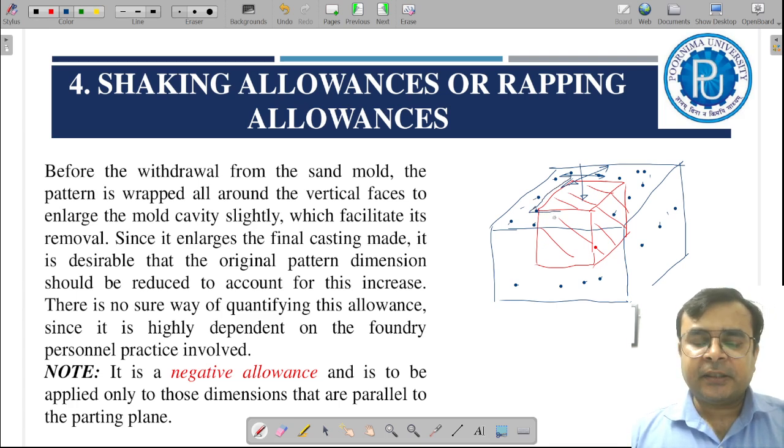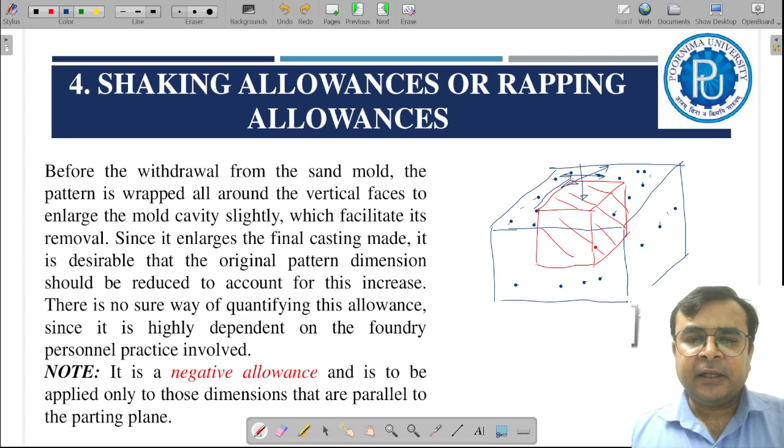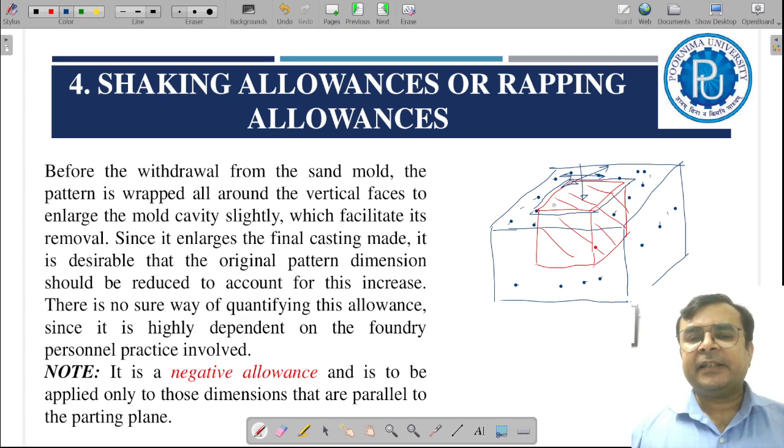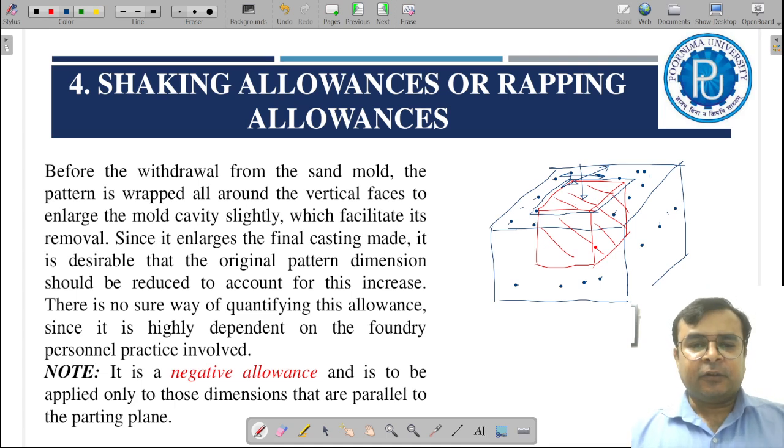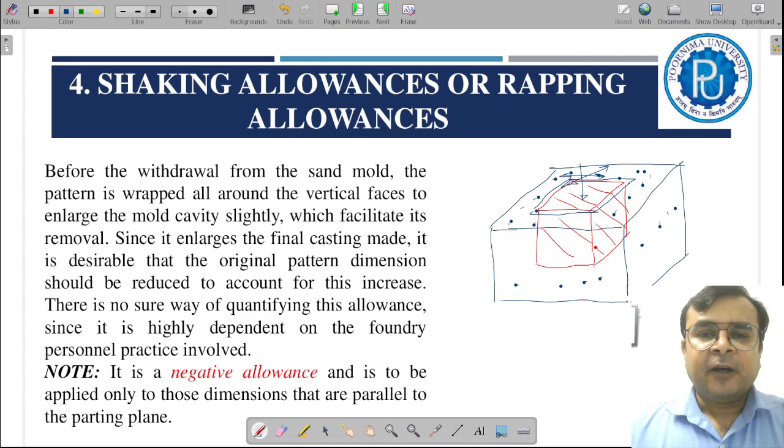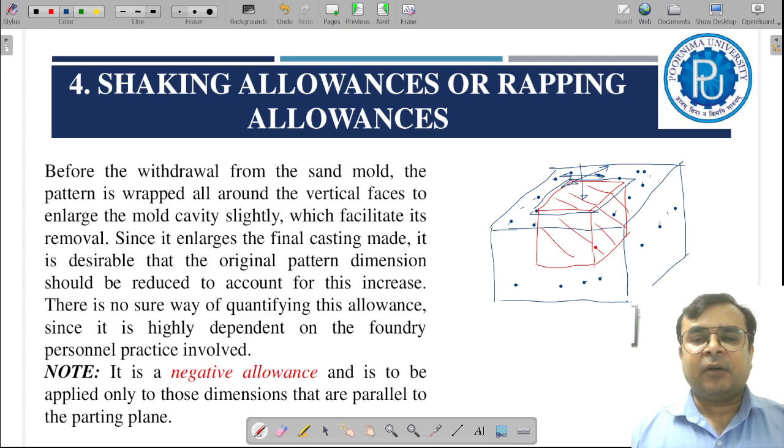Why does it break? Because due to this shaking, the size of the mold cavity slightly increases, and because of this the bond will break, and then the pattern can easily be withdrawn. To accommodate this increased size, we need to make the pattern slightly smaller than the actual casting. So that's why this is called negative allowance.